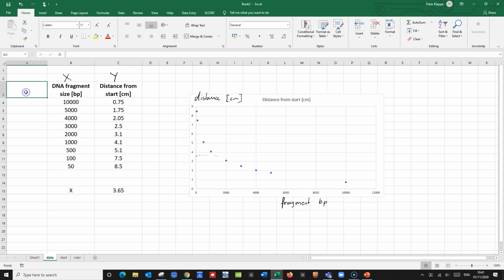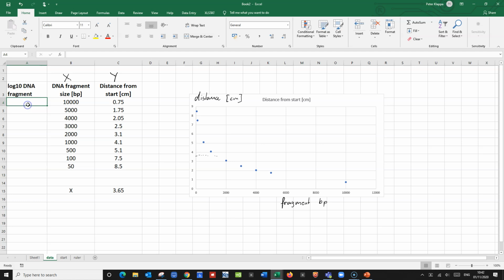It turns out that it is actually the logarithm to the base 10, or any base, log of DNA fragment. So instead of plotting DNA fragment size, we need to plot the logarithm of the DNA fragment.